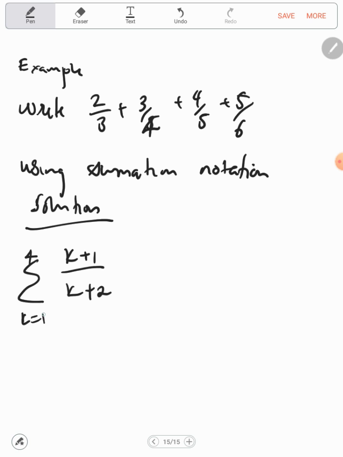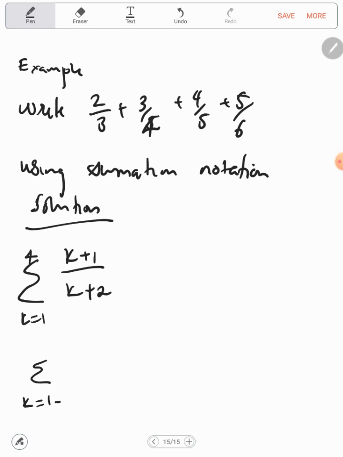Okay, k begins from 1, but we can make our summation begin from 0. So this is still okay, but you can make this summation also begin from 0. So that means you take out a 1 there. On the summation, you take out a 1.